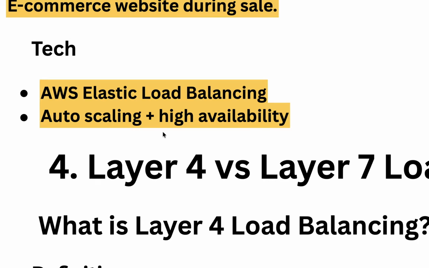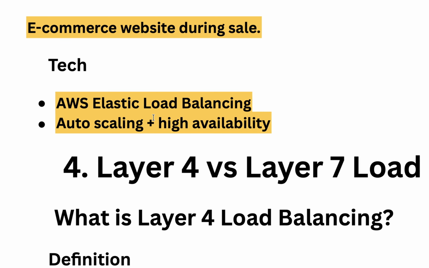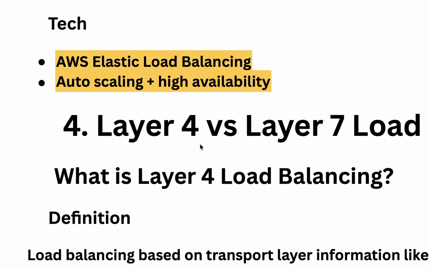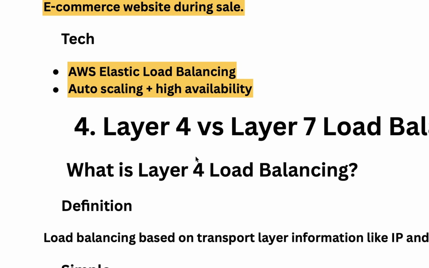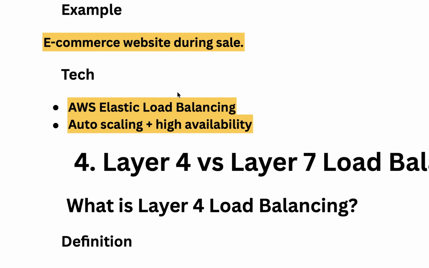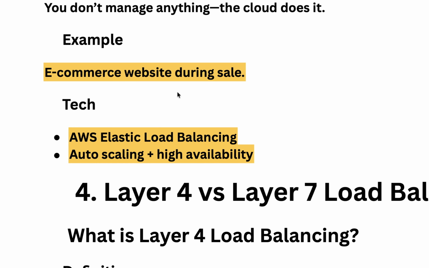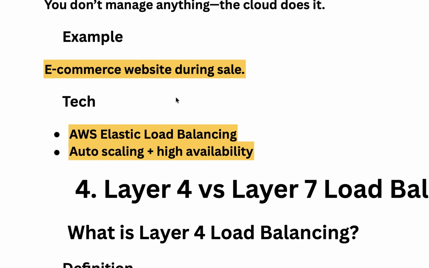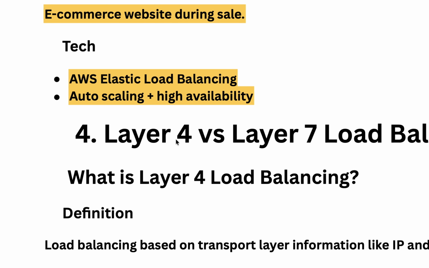How do they handle that? That comes with the auto scaling feature and high availability, since they have very important sales during festive days. So high availability is a must.